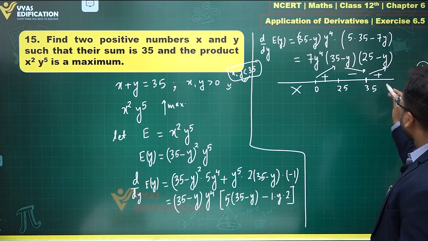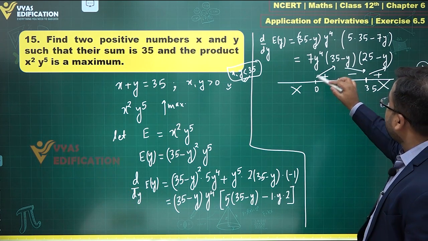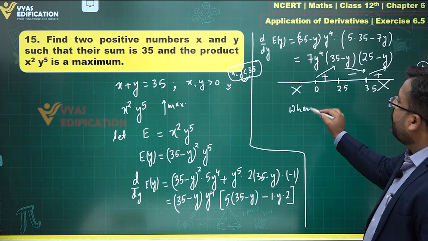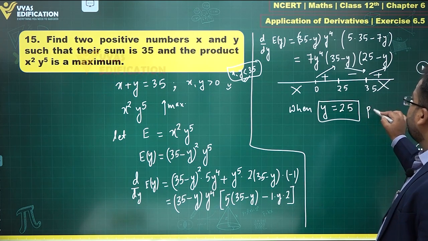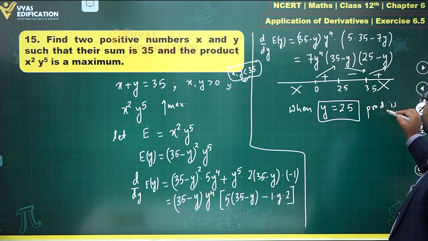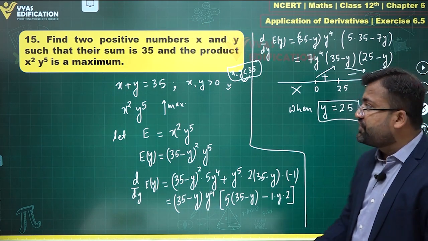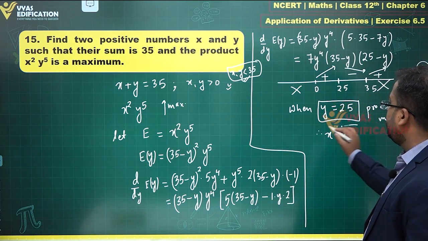So beyond 35 is also not something that you're interested in, and the product is maximum at this point when y equals 25. So y equals 25 and the other number x is equal to, since the sum is 35, 10.